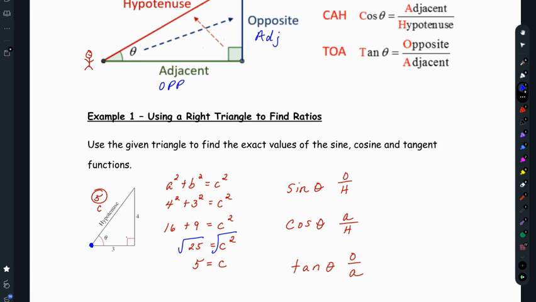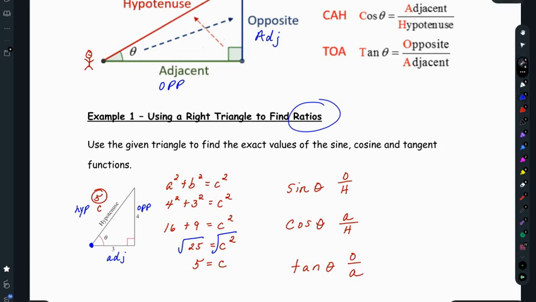The hypotenuse is always across from the right angle. So that's taken care of. Opposite my angle is this side here, the opposite leg that I cannot touch. And the leg that I can touch is going to be adjacent. All I have to do to find the ratios is fill in the numbers now.